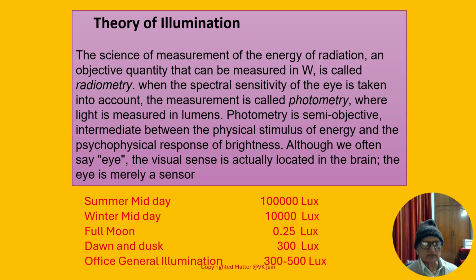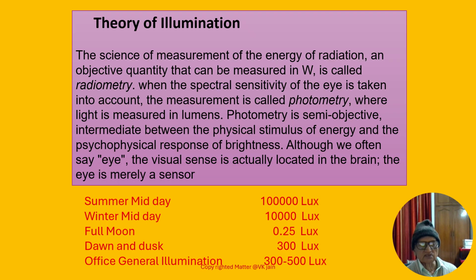the science of measurement of the energy of radiation, an objective quantity that can be measured in watt, is called radiometry. When the special sensitivity of the eye is taken into account, the measurement is called photometry, where light is measured in lumens.